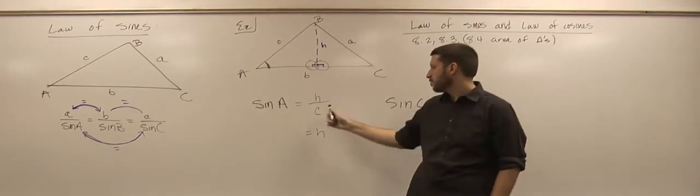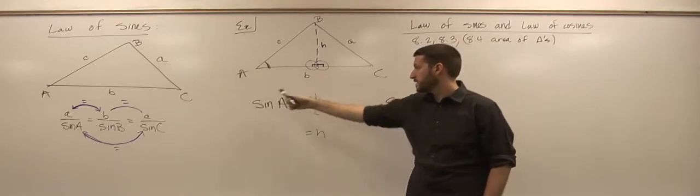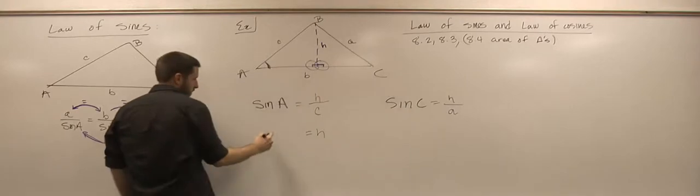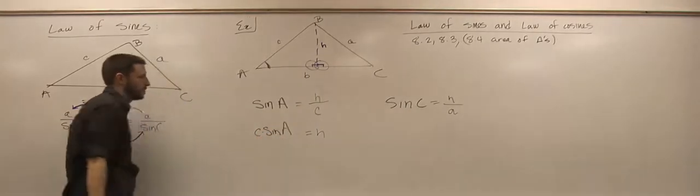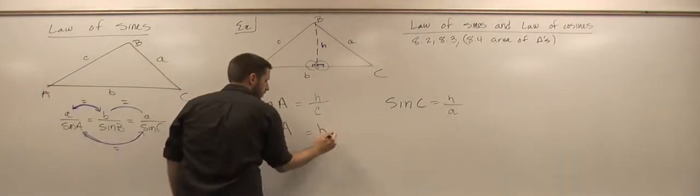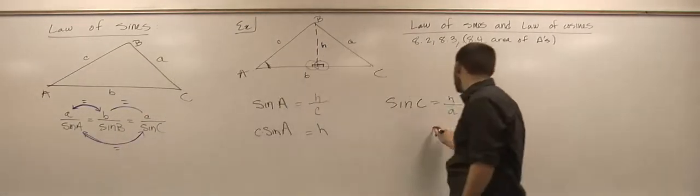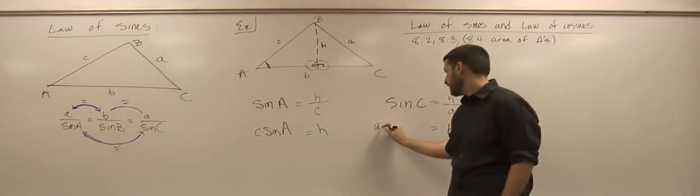Multiply the C up, actually, right? If you multiply C on both sides, H is equal to C times sine A. And what happens over here if you solve for H? A times sine C.